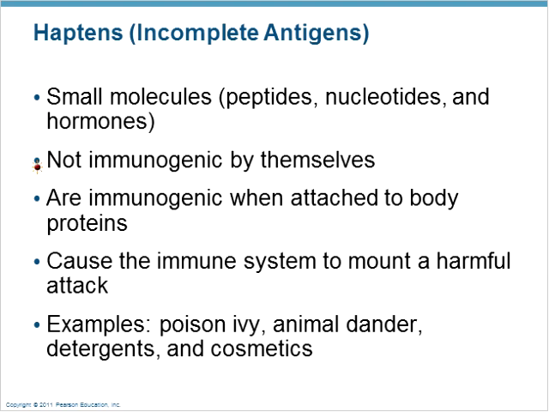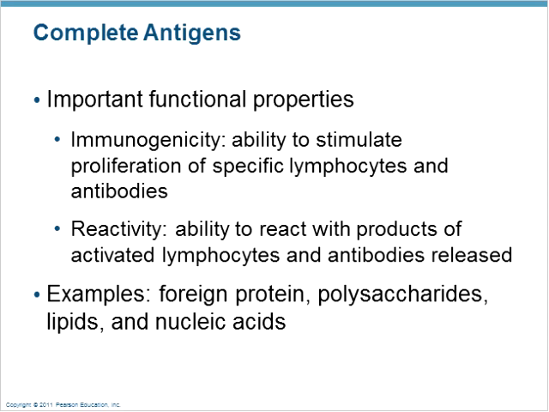Animal dander, where we have a reaction to animals, allergies to cats, dogs, horses, whatever. Detergents, where some people have a high sensitivity to certain detergents, and certain cosmetics. That is still a reaction, but the molecules are much smaller, and the way it reacts is quite a bit different than that complete antigen reaction we were talking about previously.